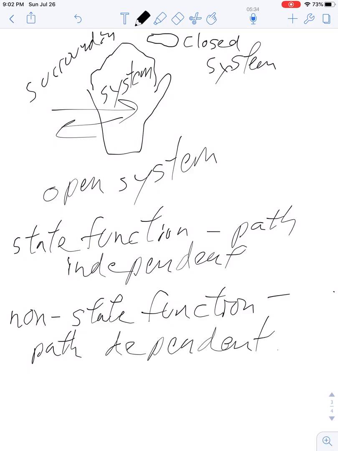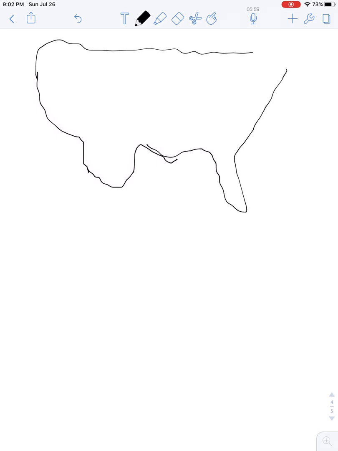Okay, so let me give you an example of a path dependent variable. Okay, so let me draw my horrible picture of the United States. Okay, so the Great Lakes. So here we are in Madison, and I want to go to Denver. Okay.